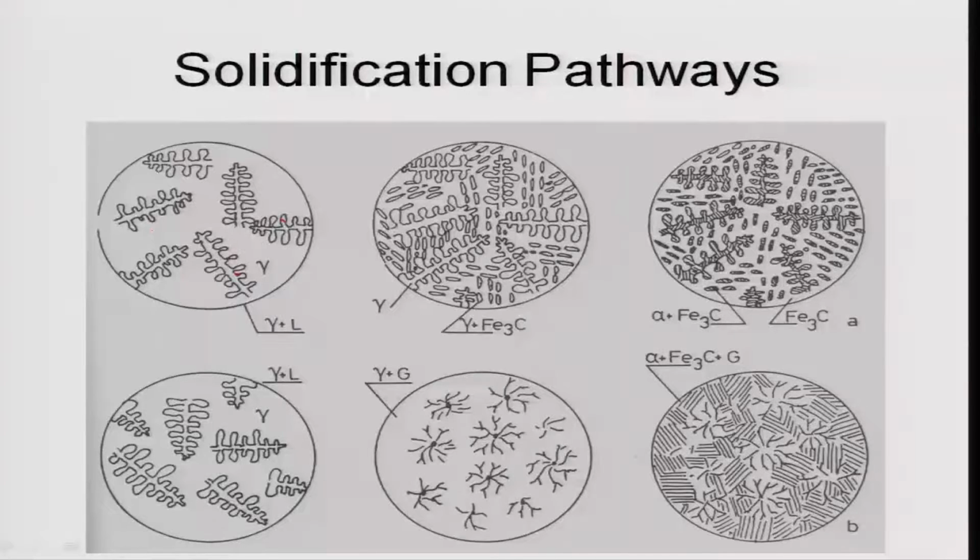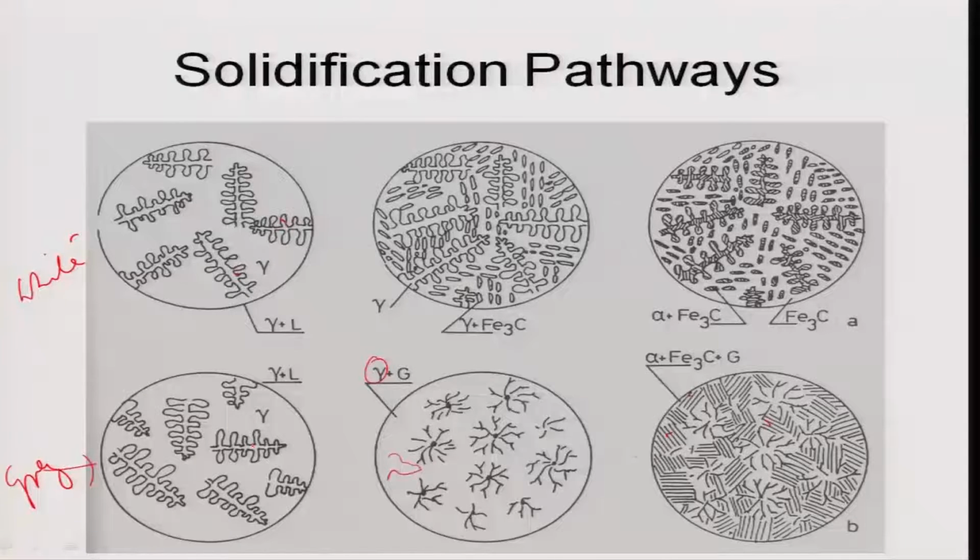So, you have gamma forming first from the liquid, that is what is shown here, gamma dendrites in the liquid, and then at the eutectic transformation temperature you have, see here, this is for the gray, this is for white. So, for gray you have gamma plus graphite as a eutectic formation, these dendrites are still there, and finally you have this gamma transforming into pearlite.